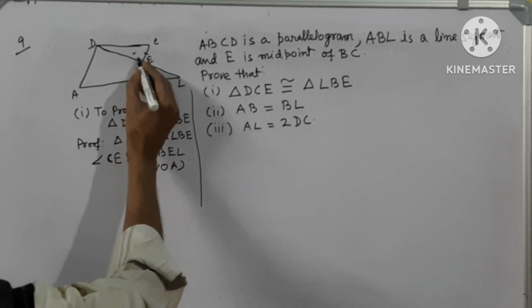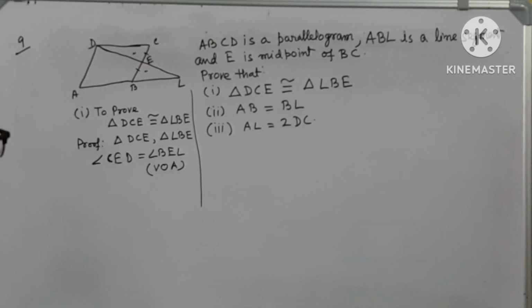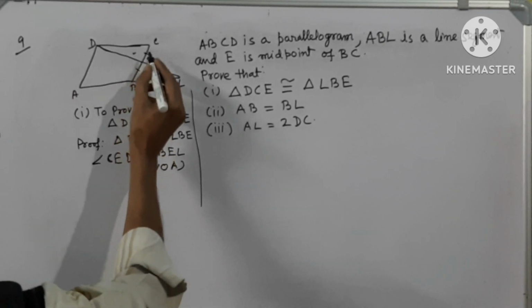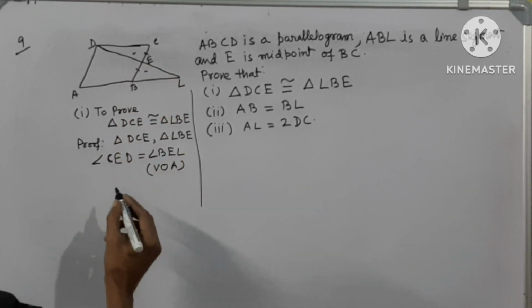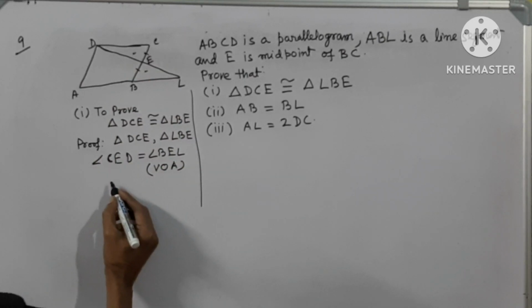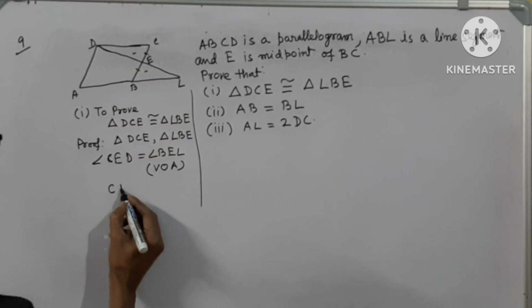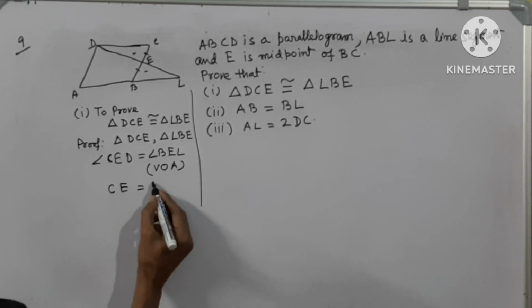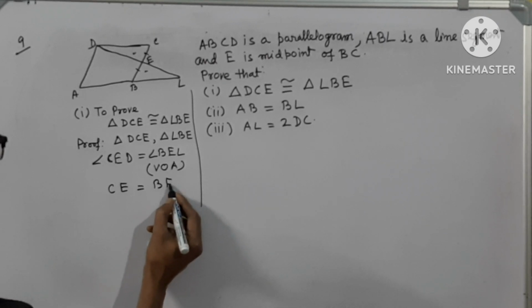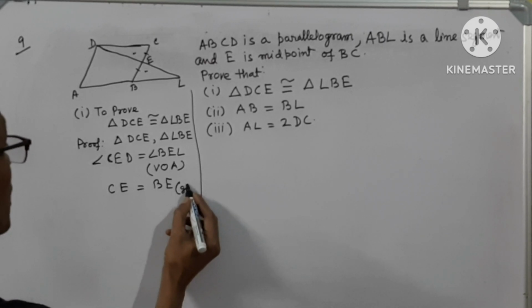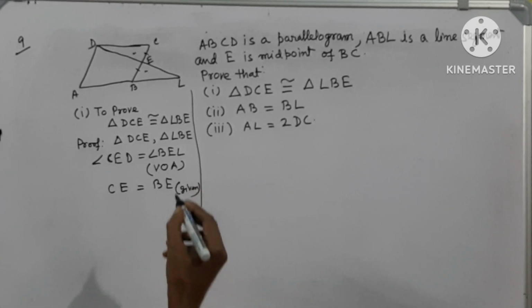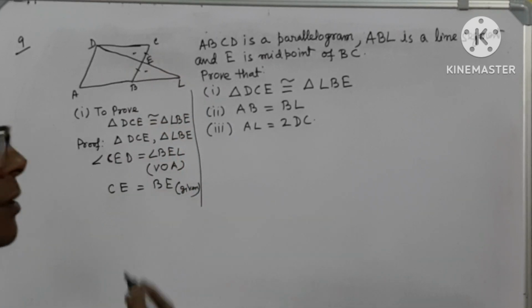So you understood this angle equals this angle. And E is the midpoint of BC, so it is given CE equals BE. You can write given or you can write E is the midpoint of BC.